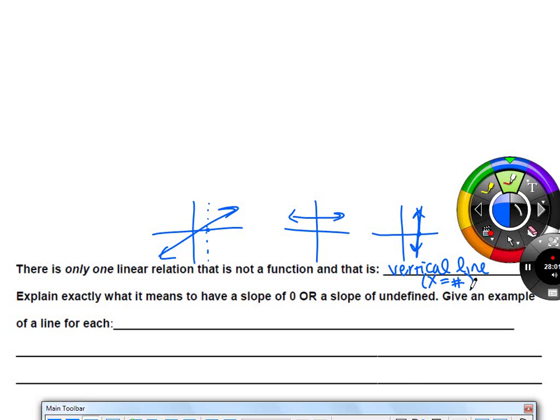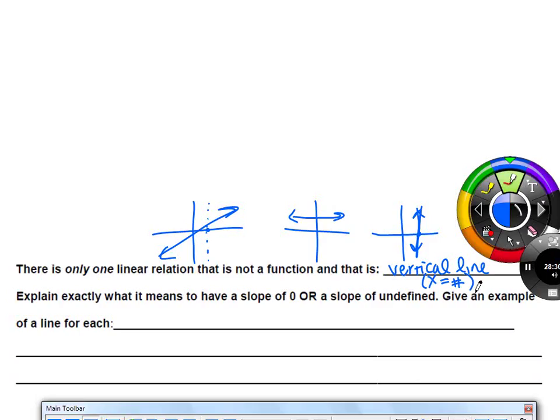All right, and then let's answer the last one. Well, what we'll do is just talk about it for a second, and then you guys can write an example of each. Okay, what does it mean to have a slope of 0? So slope measures like incline, right? So what does it mean to have a slope of 0? It's completely horizontal.